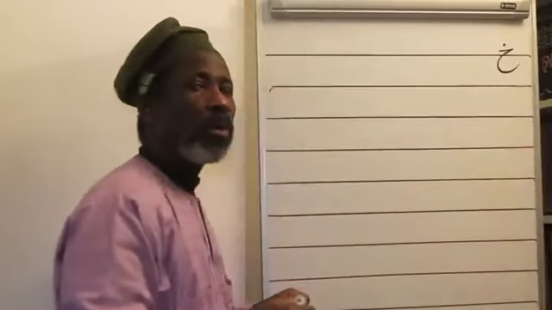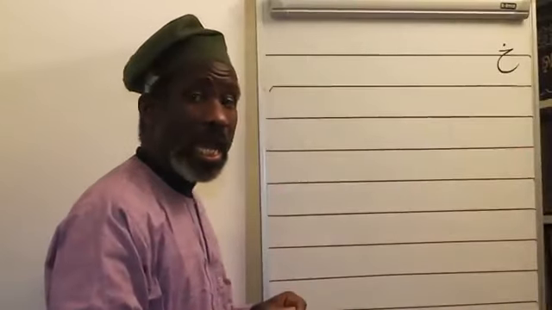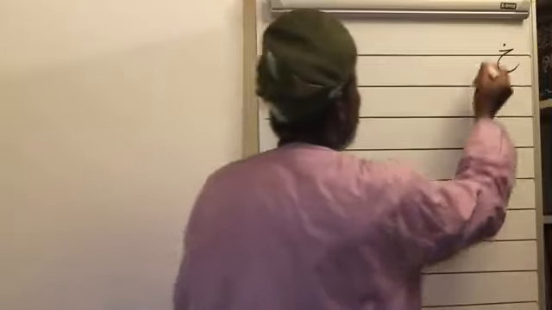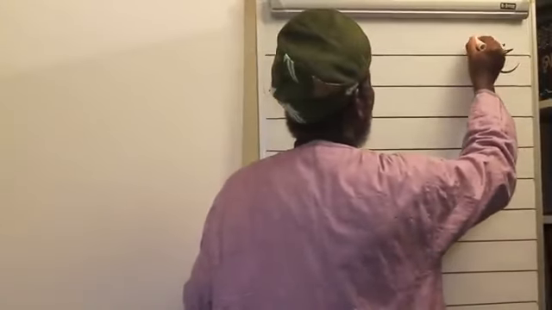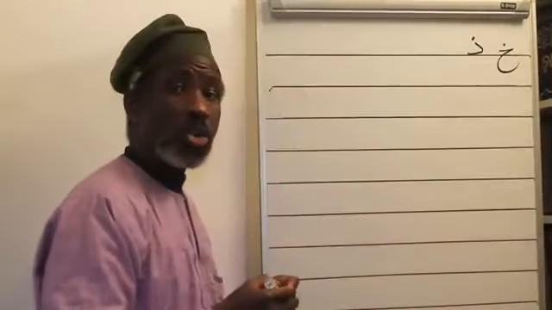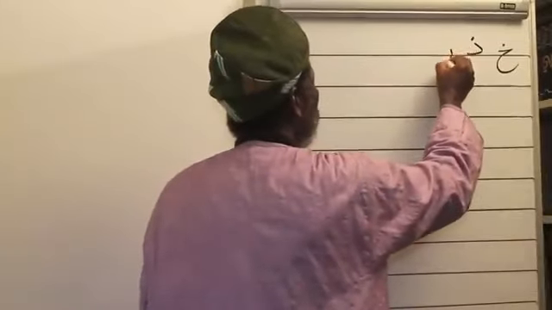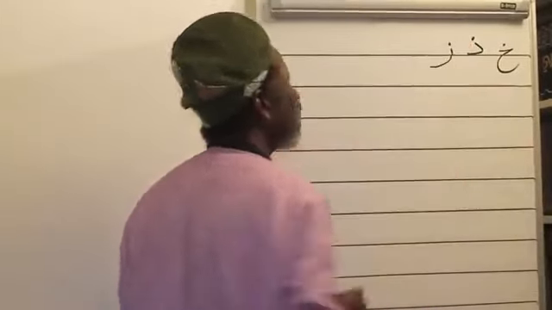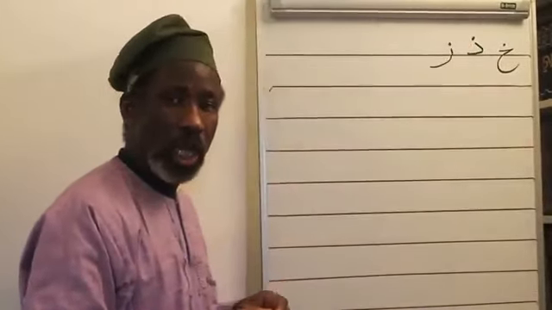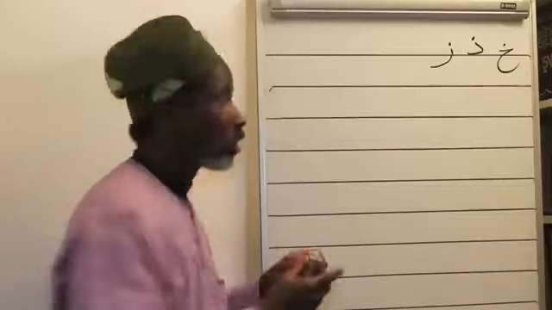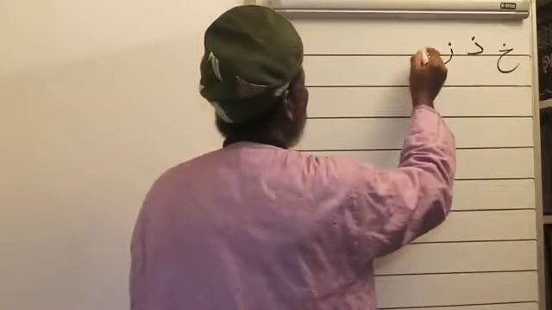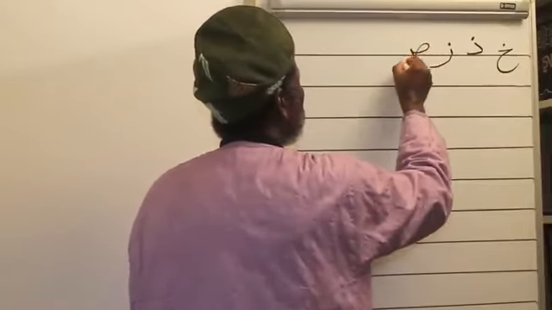Kha, one dot above. Dal, dhal, dhal with one dot. Ra, zain, zain with one dot. Sin, shin, sad, dad with one dot above.